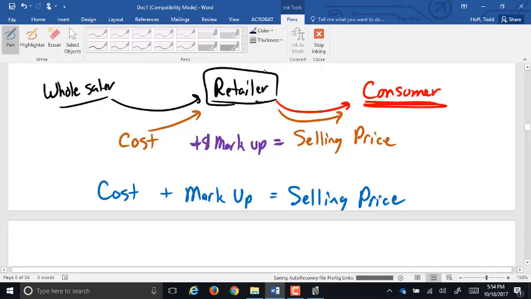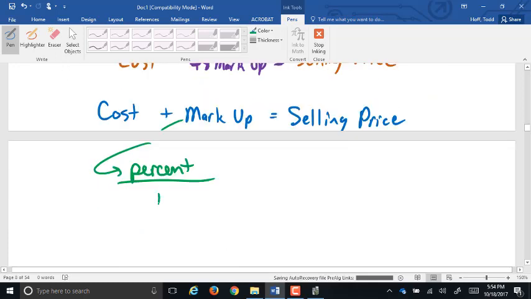The markup is listed as a percent of either the cost or of the selling price.